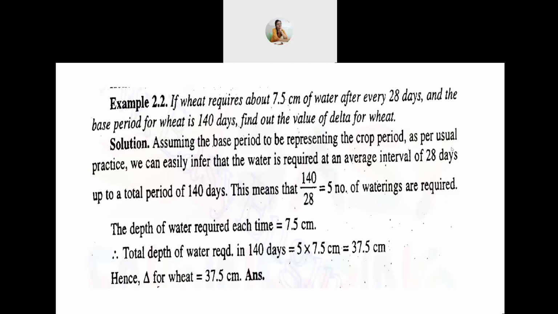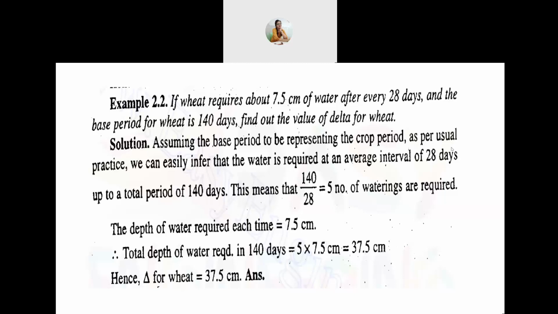So this means that base period divided by duty interval, that is B by D, is equal to 140 by 28, which gives the answer as 5, and 5 is the number of waterings that are required. The depth of water required each time is 7.5 centimeter, which has also been given.